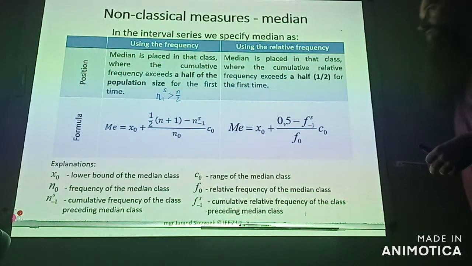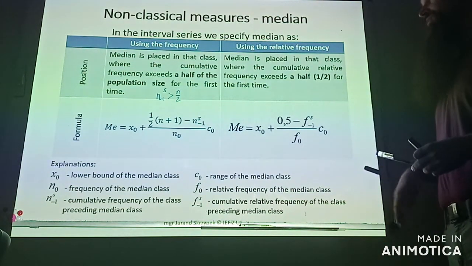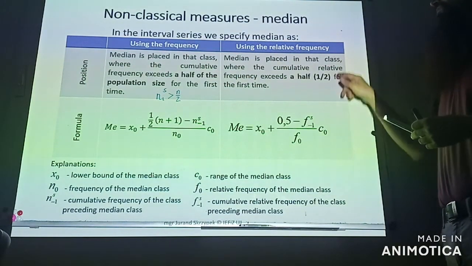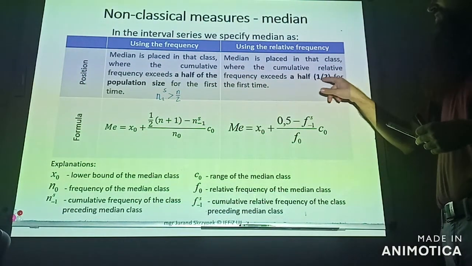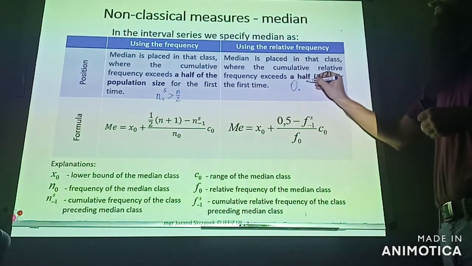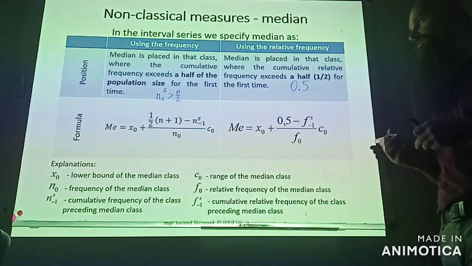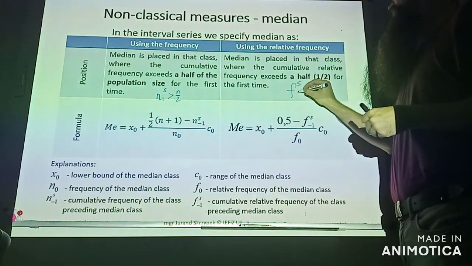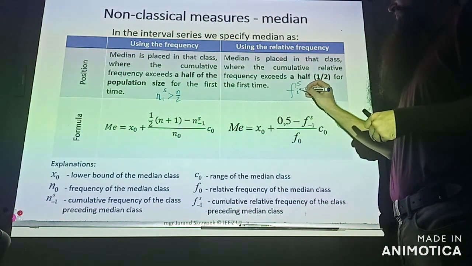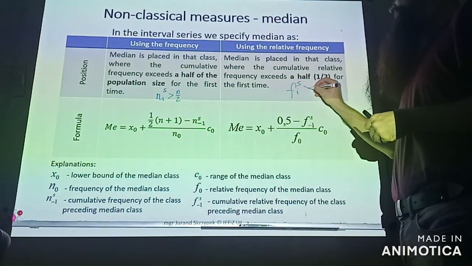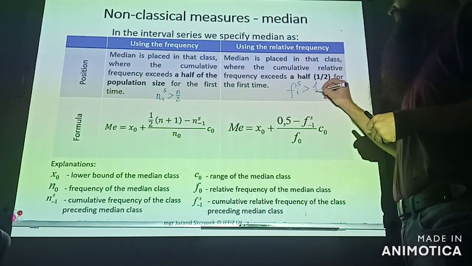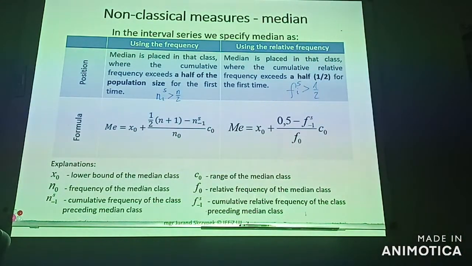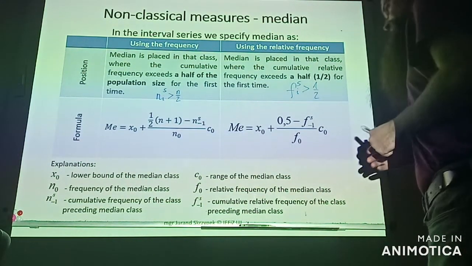If we talk about the relative frequency, median is placed in that class where the cumulative relative frequency exceeds a half, exceeds 0.5 for the first time. Yeah? The cumulative relative frequency is higher than half for the first time, and this is the median class.